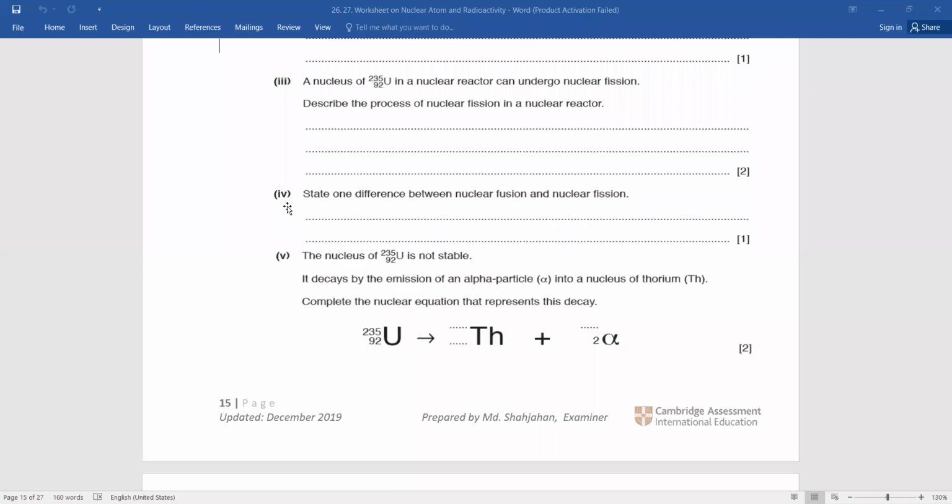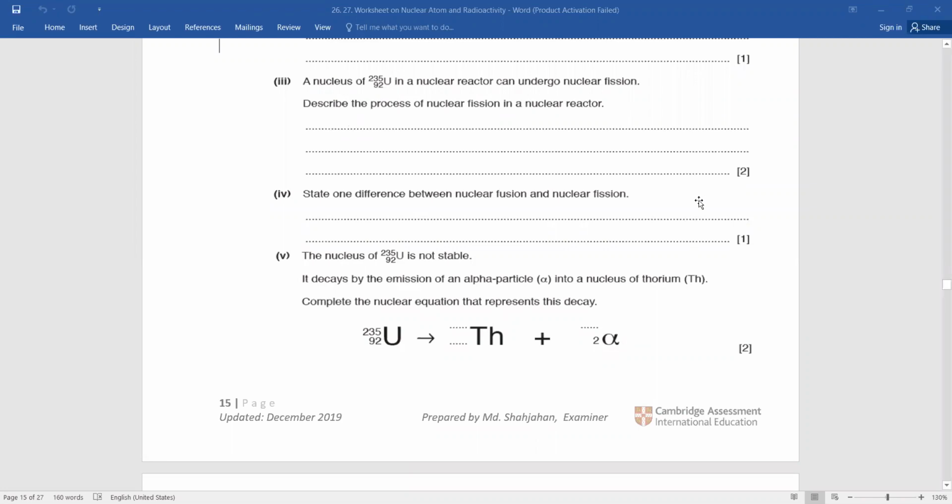So it splits, nuclear fission. It splits into 2 or more. One element is splitting into 2 or more, right? Yes, sir. 2 or more elements. You don't say particles. Particle is alpha.